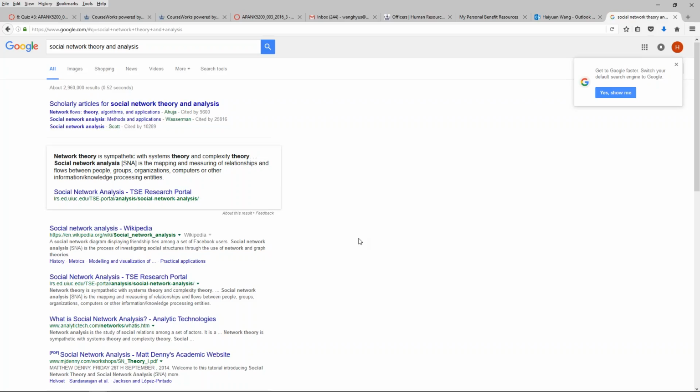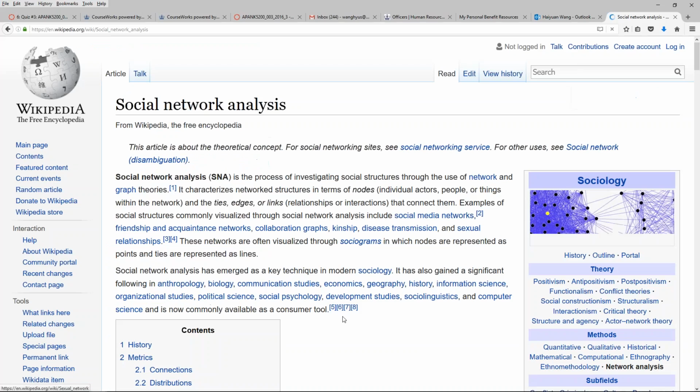On the other end, it does have a connection between social network analysis and the network modeling that we just studied. So let's quickly take a look. But by no means am I trying to tell you everything in social network analysis, because itself it could be a subject that takes weeks to study.